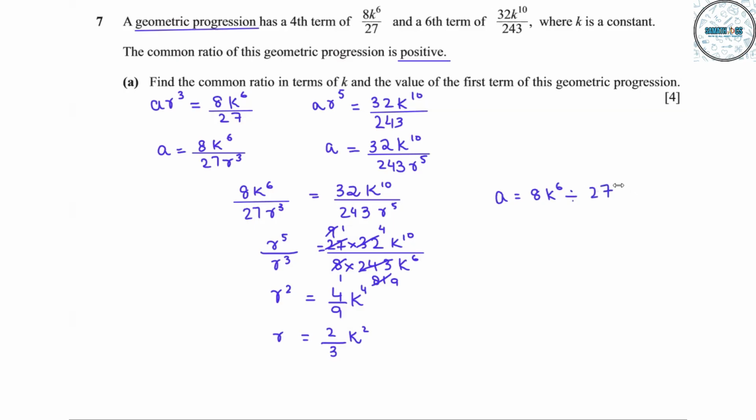In place of r, we can write 2 upon 3 k square with power 3. We have substituted the value of r here. So we have 8k power 6 divided by 27 into 2 cube is 8, 3 cube is 27, k square with power 3 is k power 6.